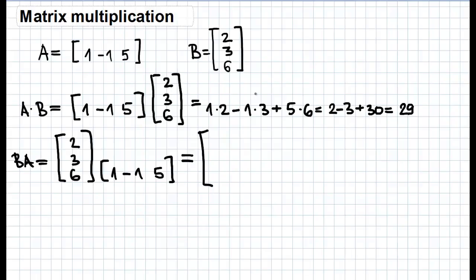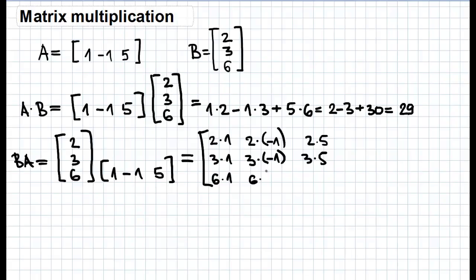First column, first row, 2 times 1. First column, second row, 2 times minus 1. 2 times 5. Now second column, 3 times 1. Second column, second row, 3 times minus 1, and 3 times 5. Now 6 times 1, 6 times minus 1, and 6 times 5.